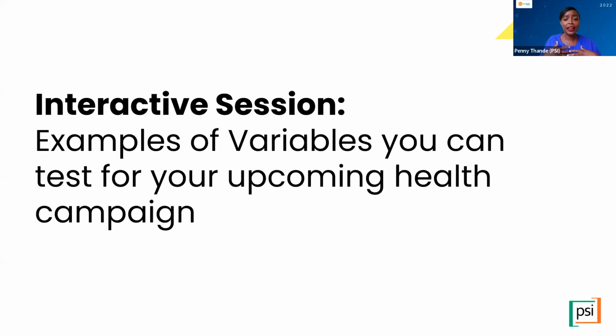It could be gender, or another demographic factor like age. It could be a call to action button. Maybe you want to test call now or messages. Just something that you'd like to test in your upcoming campaign. Any two variables that you think would be good to test.